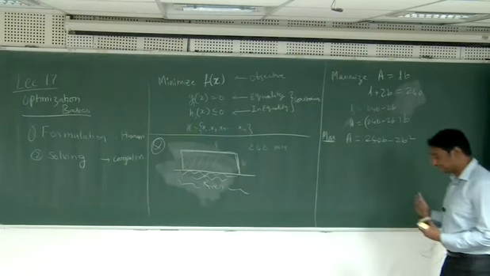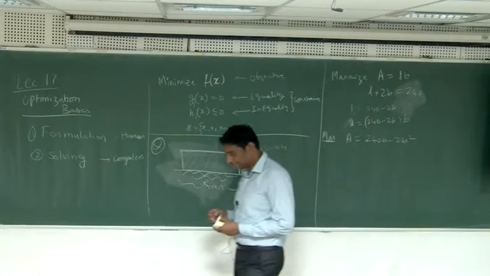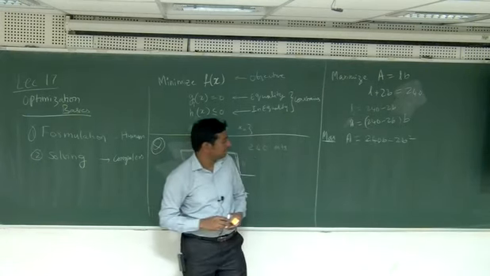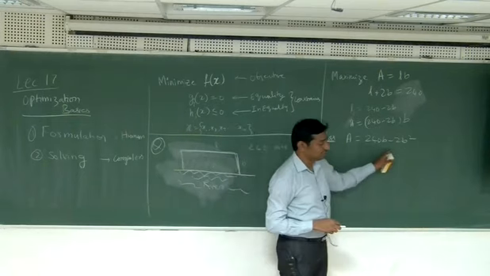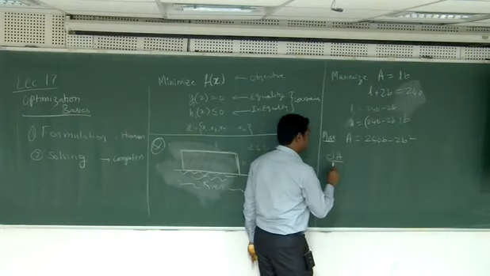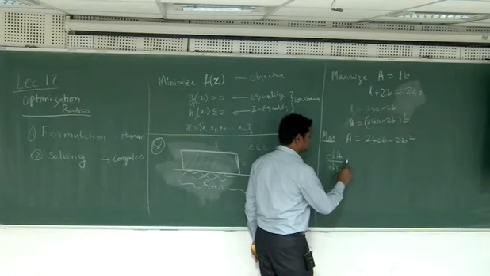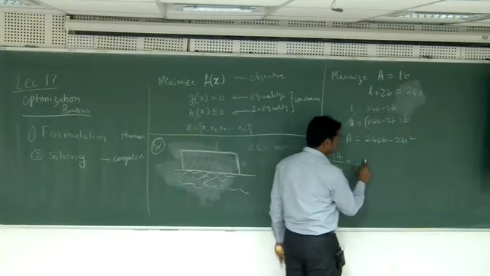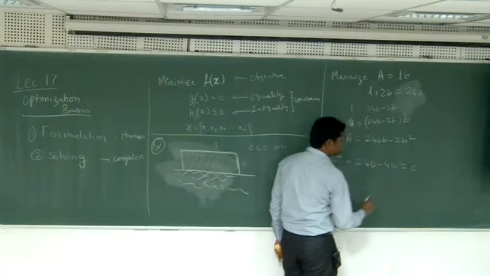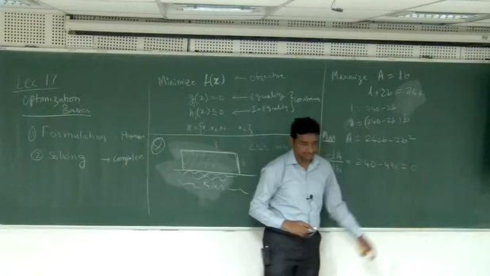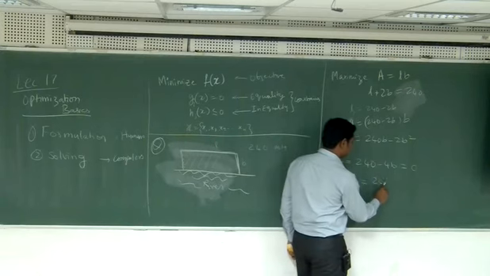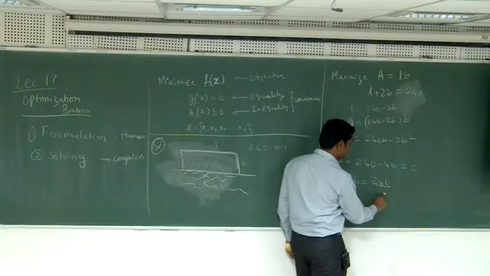Yeah, you might have seen that a lot of times before. When you want to find the maximum or minimum value of a function, simply take the derivative and equate it to 0. So the derivative of A with respect to B is 240 minus 4b, and we equate this to 0. So what is B? 240 divided by 4.